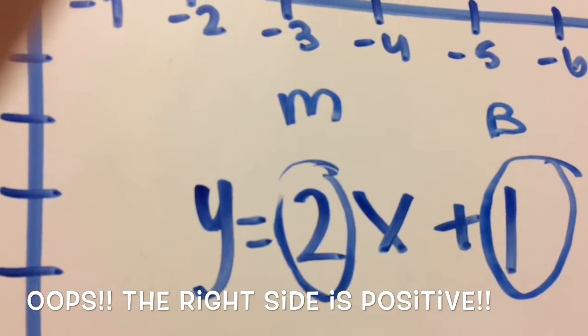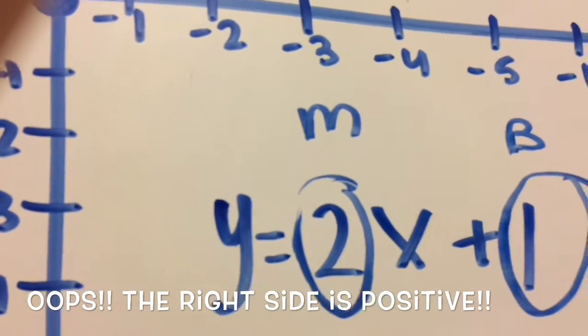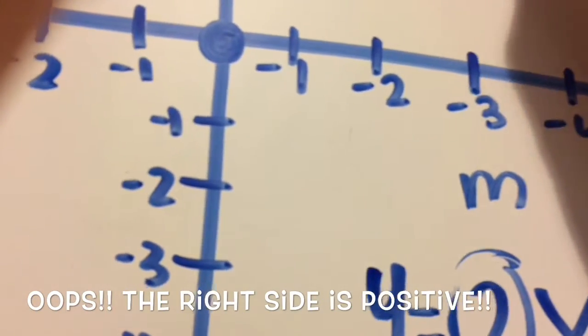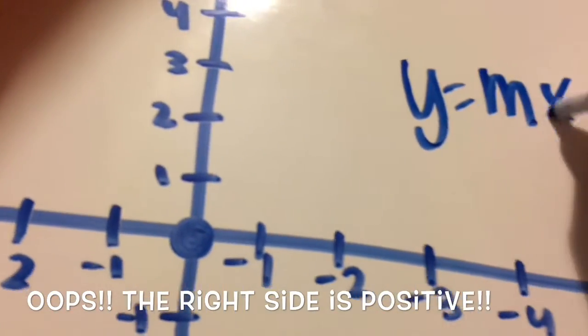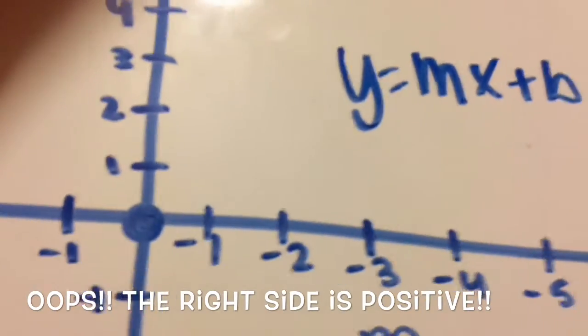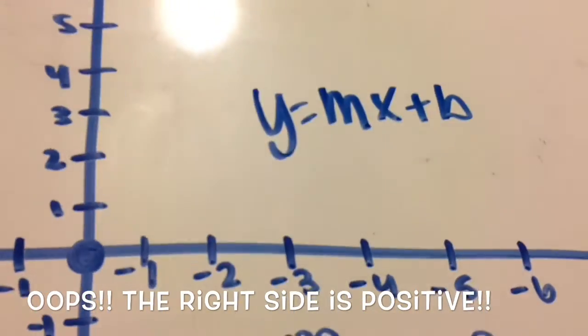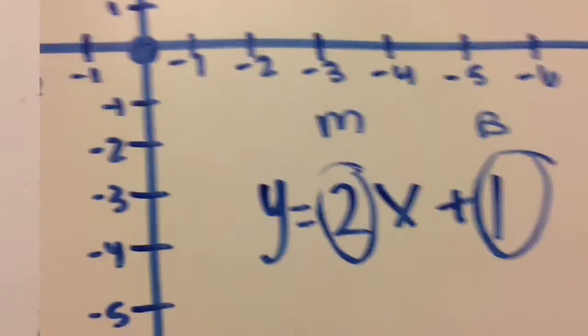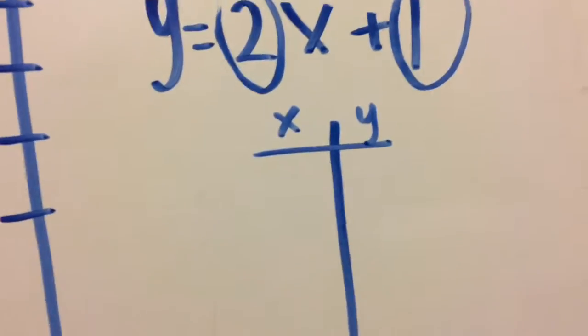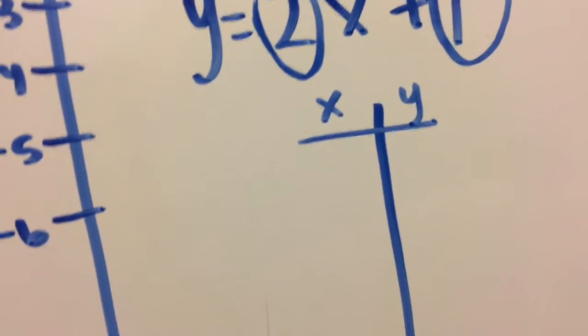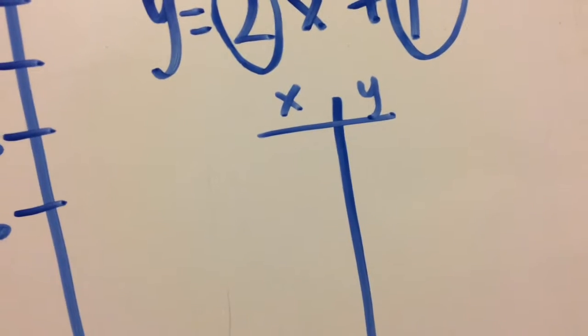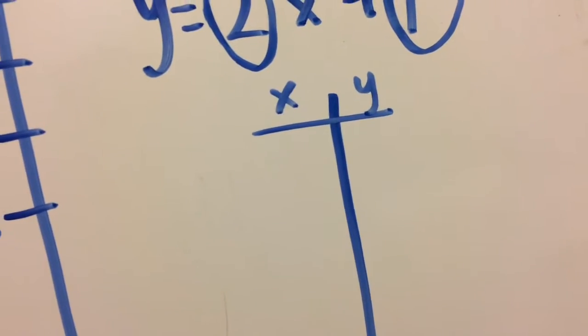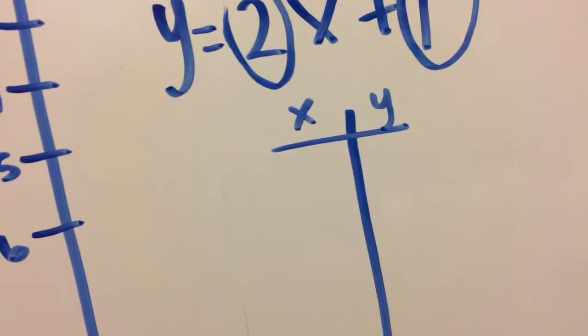Because remember, the form for a linear equation is y equals mx plus b. So this equation follows that exactly. So before you plot points on a graph, what I like to do and what a lot of other people like to do is use a table to find the points.